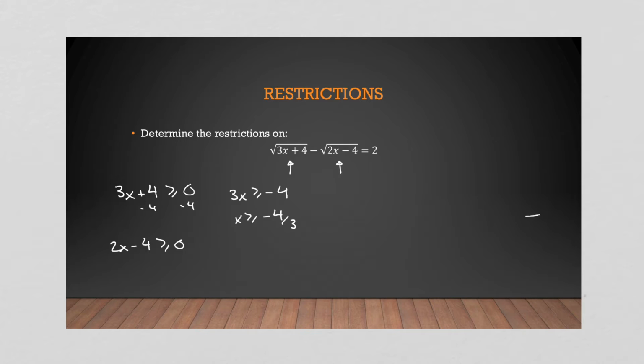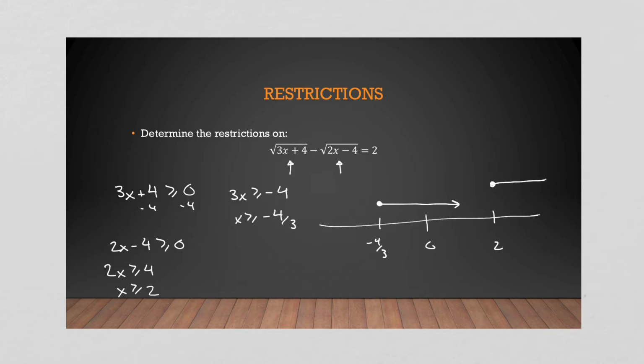Number line wise, here's 0, here's negative 4 over 3. x exists going this way. Now for the other one, we're going to add 4 to both sides, so 2x is greater than or equal to 4. x is greater than or equal to 2 when we divide both sides by 2. So if 2's up here, it means this one doesn't actually start till here.